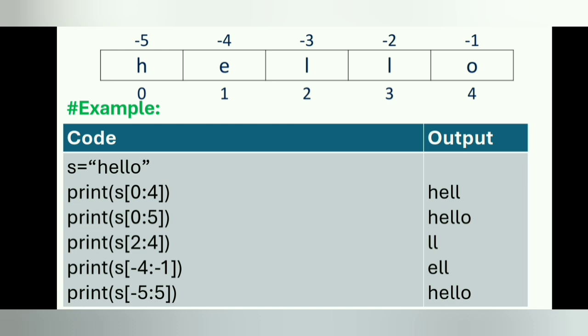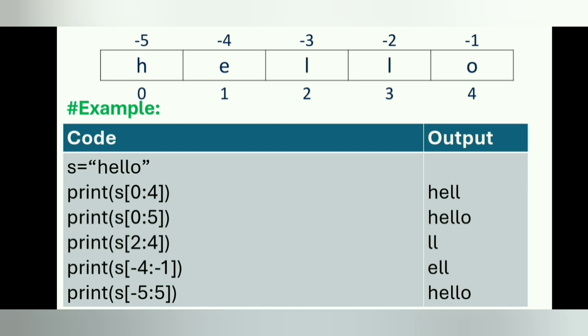The next print statement, print s[2:4], will display the characters from position 2 to 4. Here 4 is excluded, so it will display the characters from position 2 to 3. Hence the output will be LL.